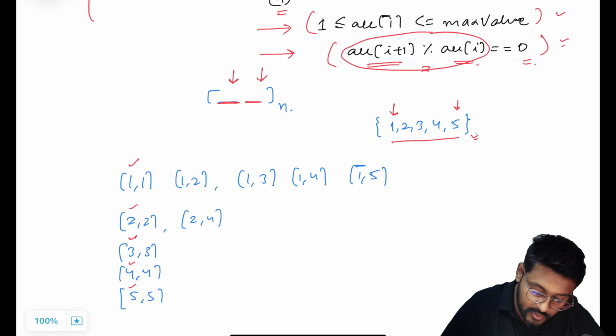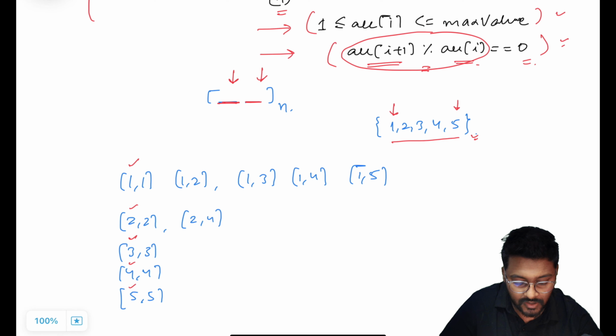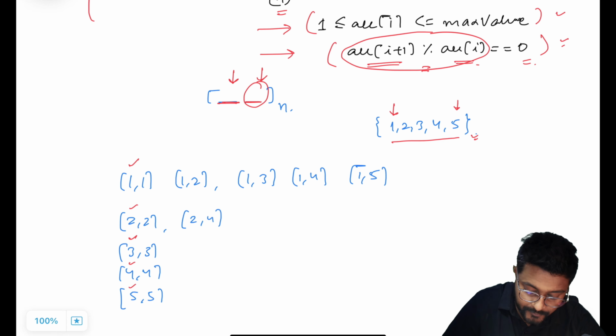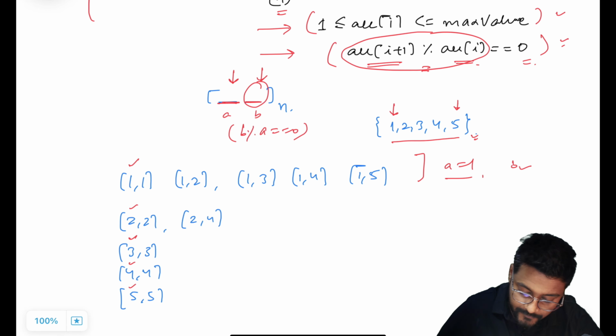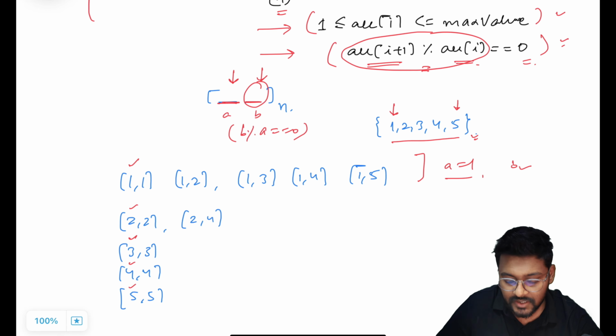And if I come to the second position, the element we take there should be divisible by the first. Let's say this is B and this is A. So B modulus A should be 0. And in this case, A is 1. We have to choose B. B can be anything because everything is divisible by 1.